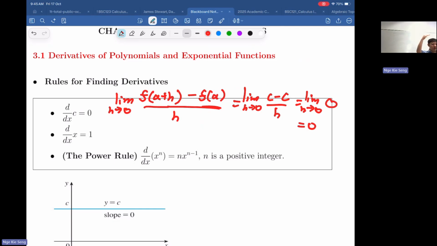Similarly, all the rest that we discuss later, you can prove by using limits, but it's not very important for this course for now. Similarly, you can prove that d over dx of x is 1. Use the limit, which I think I just showed you. And then the other important one is the power rule. You can bring the power down and then take the power minus 1.